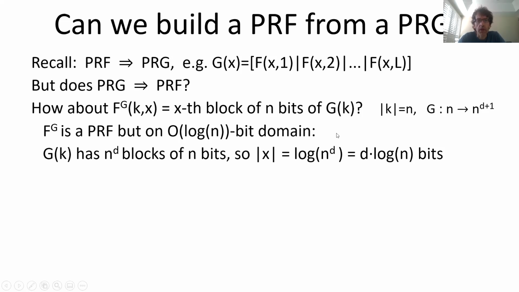Still, let's say that you compute all of this, and you try to use this G to create a PRF. You divide the output of the PRG into n to the d blocks, each of them n bits. That's why I set it to n to the d plus 1, so that I can parse them this way.